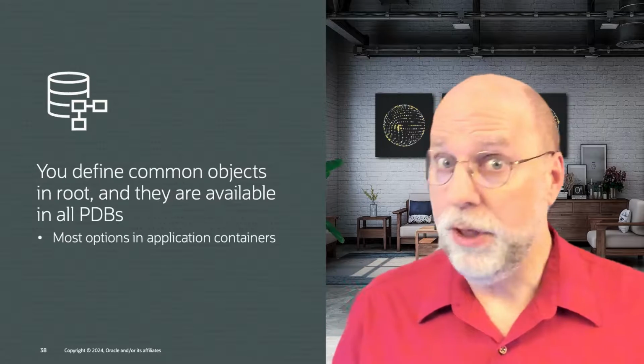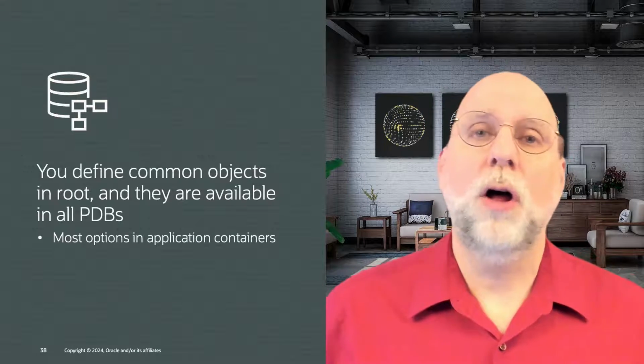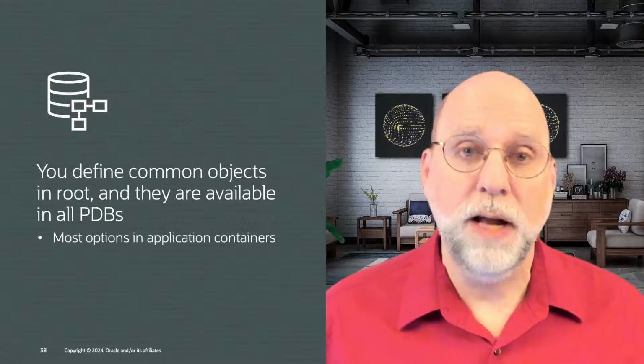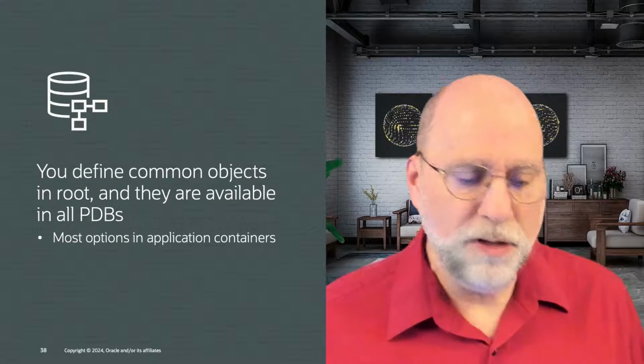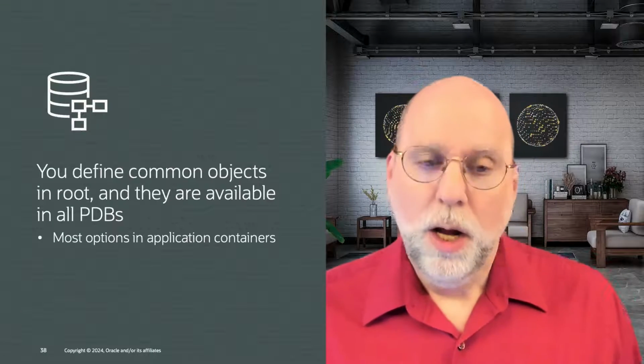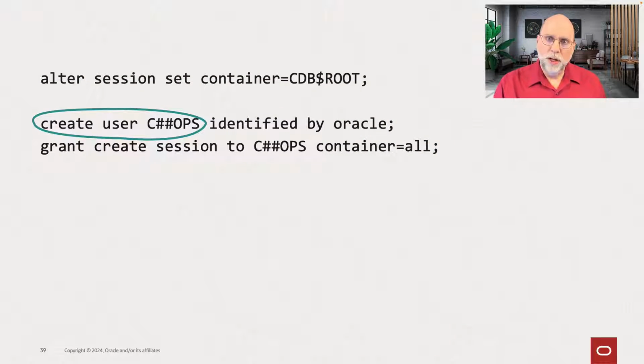Now, you can have objects that are common across all of your pluggable databases and the root. That's what we call common objects. And there are certain types of objects that this might be really useful for. Some of them are also things that you would do in an application container, but application containers are a slightly different topic that I'm not going to get into. So let's look at this example.